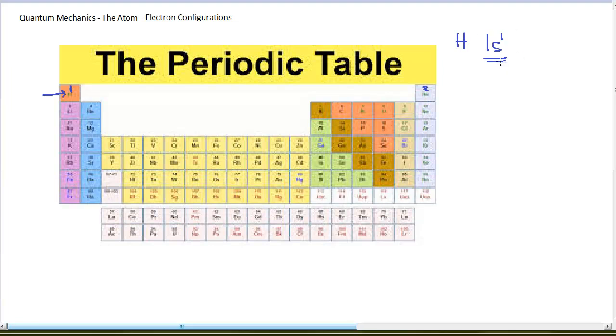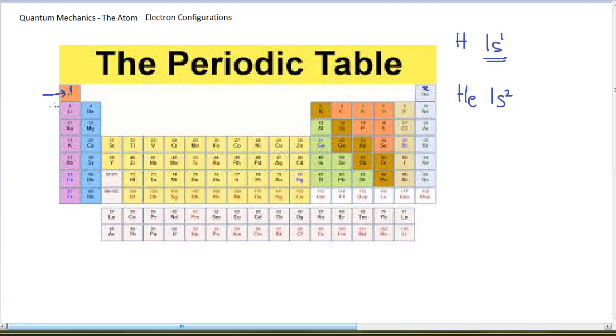It describes where the electron is in hydrogen, and when I say this out loud, I say 1s1. Helium has 2 electrons. Both electrons will fit into this 1s orbital as long as their spins are paired, as long as the spins are opposite, and so helium's electron configuration is 1s2. The 2 is for the 2 electrons that I'm putting in the 1s orbital.